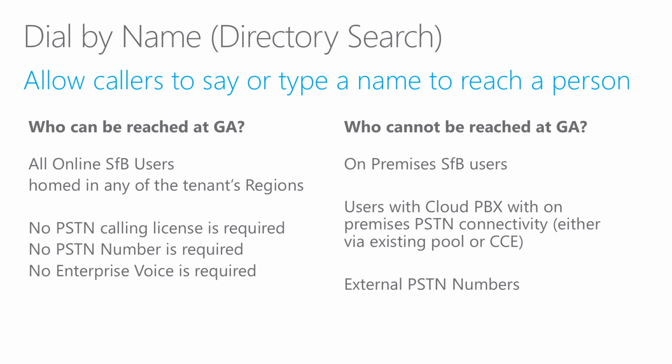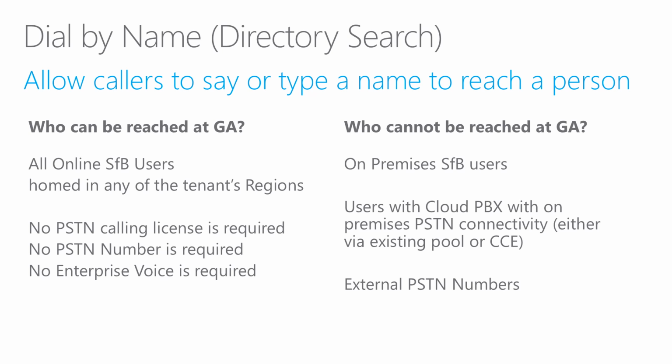So what will work with dial by name? We're at general availability right now, which is what GA means. So when you're searching for someone, you can find all the online Skype for Business users, and they can be homed in any of the tenant's regions if you've deployed regionally hosted meetings.